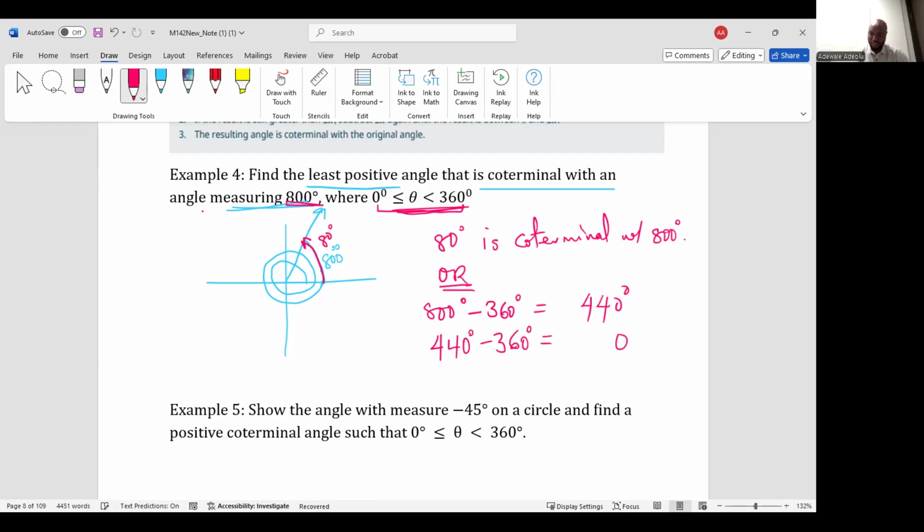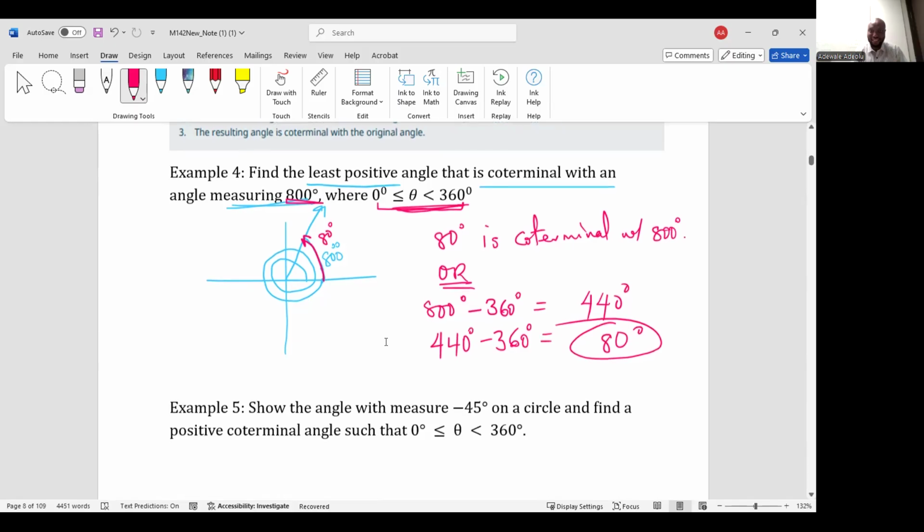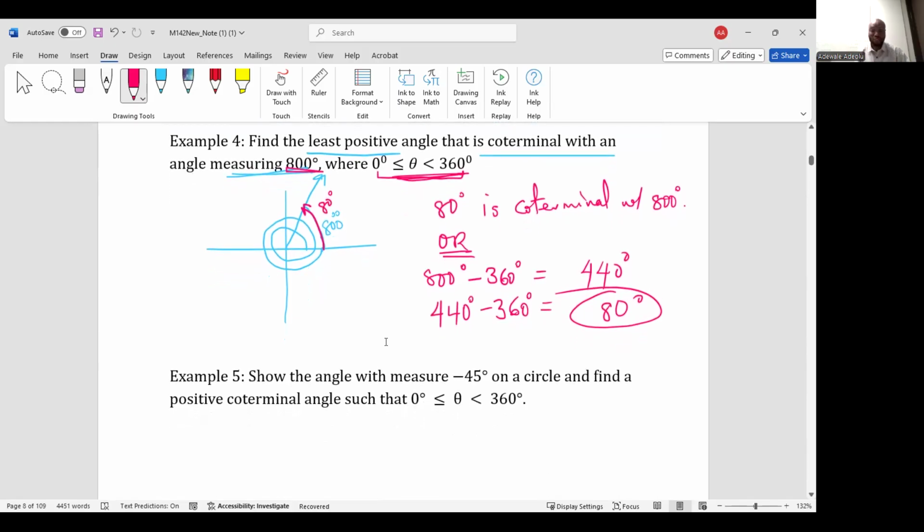What do we have? 80 degrees. So that is another way to do it. So we know that 80 degrees is coterminal with 800 degrees, or it is the least positive angle that is coterminal with an angle measuring 800 degrees. So 440 is also coterminal with 800, but because it is still outside our range, that is why we go one more time.